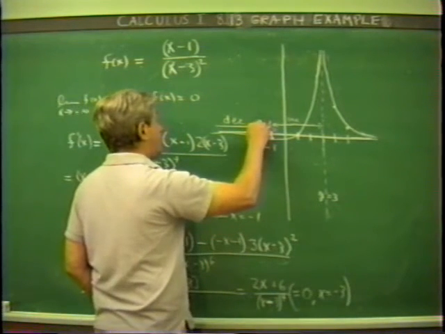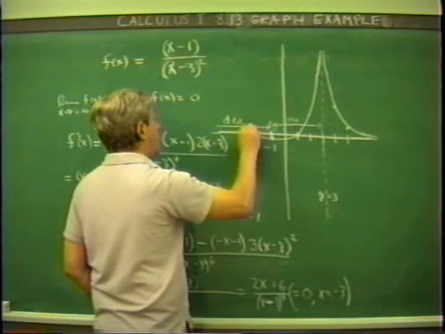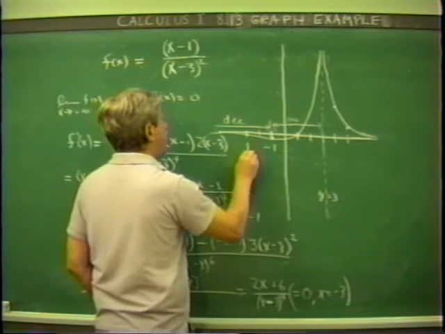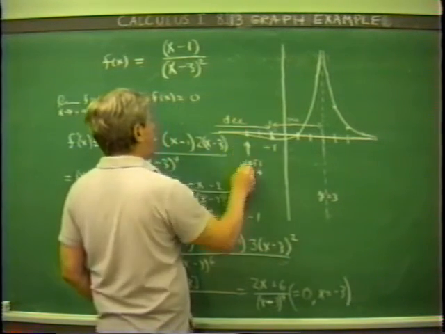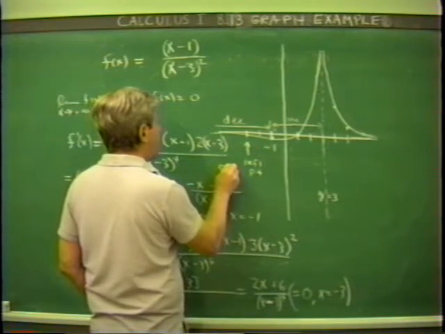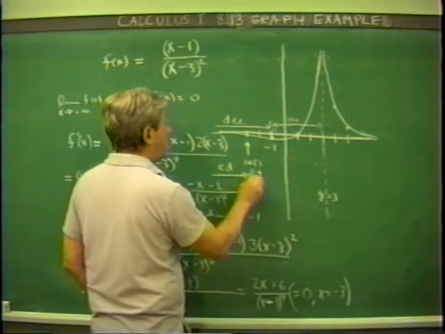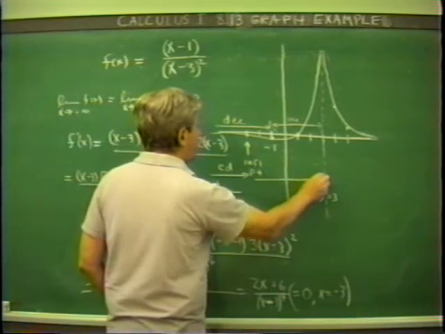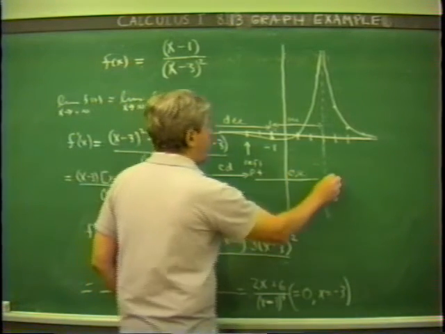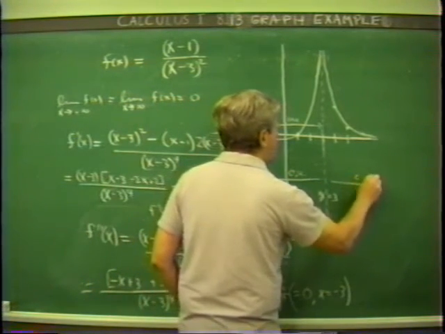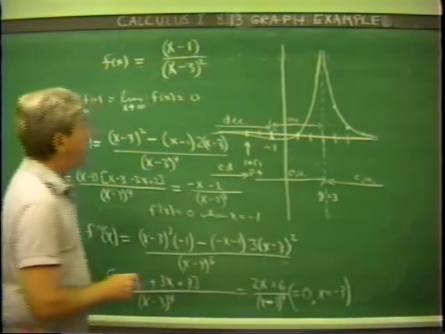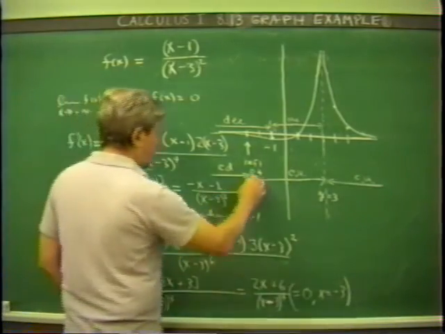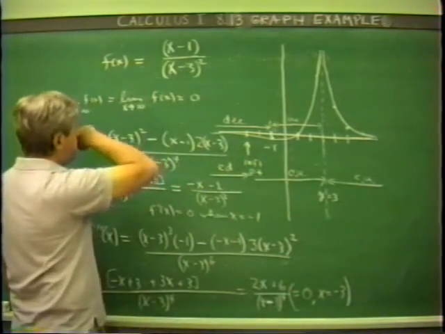It's also clearly going to be positive when x is larger than minus 3 and negative when x is less than minus 3. So here's minus 3. This point right here is going to be an inflection point, and the function is going to be concave down over here, then it's concave up here, and it's concave up over here.